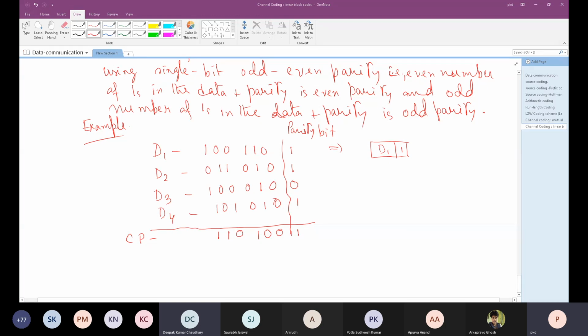That is the definition of the parity bit. So even parity means the data plus this unit has an even number of ones. Similarly, odd parity means data plus this one has an odd number of ones.